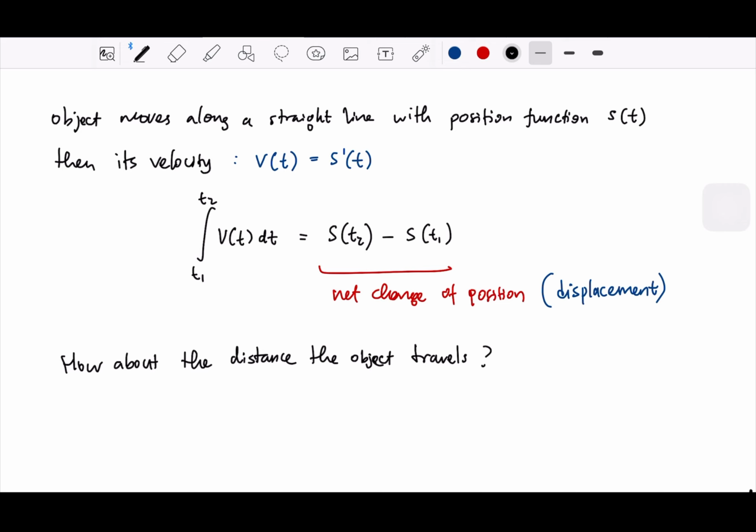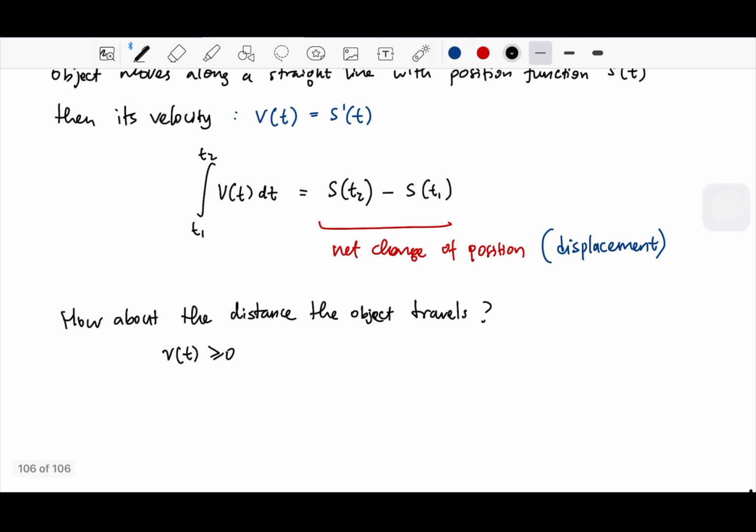So we are going to have the velocity need to be positive. Or maybe let me write in a more convincing way.